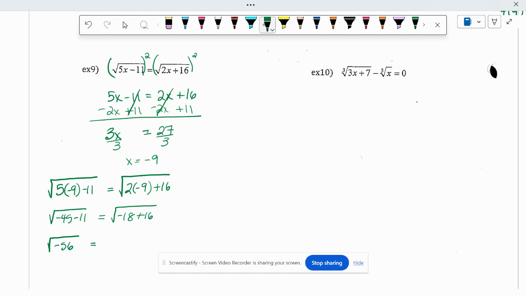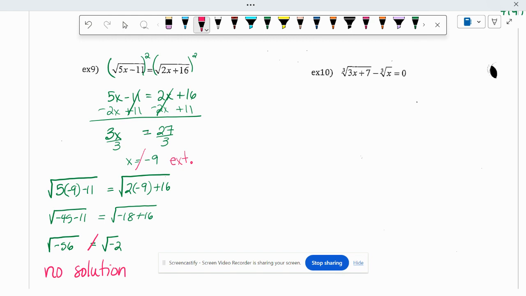So I have the square root of negative 56 equals the square root of negative 2. Is that true? No, that is not true. This is not true. That means that there is no solution. So this is extraneous.